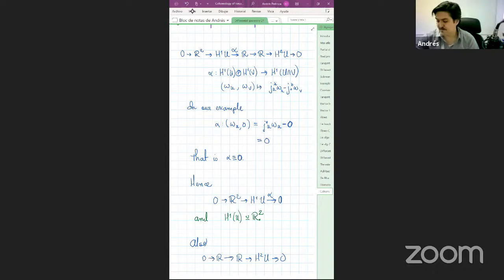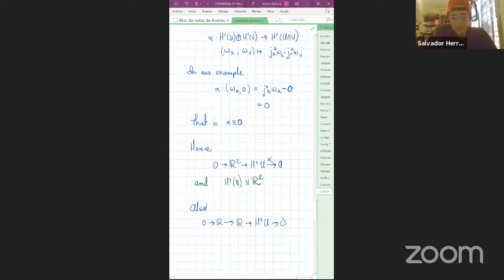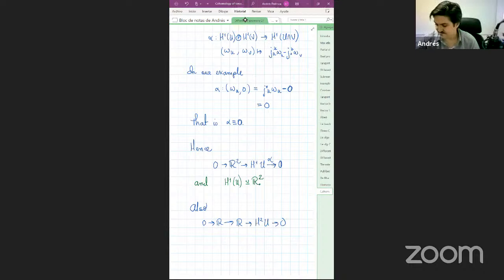So what is the dimension of H2? Just 0. Exactly. So this is trivial.